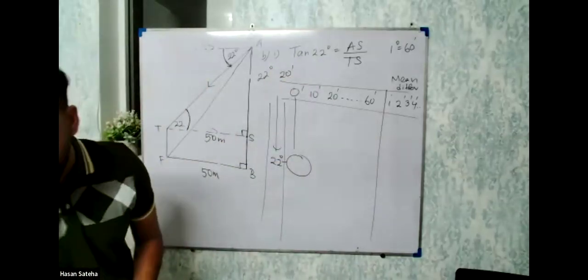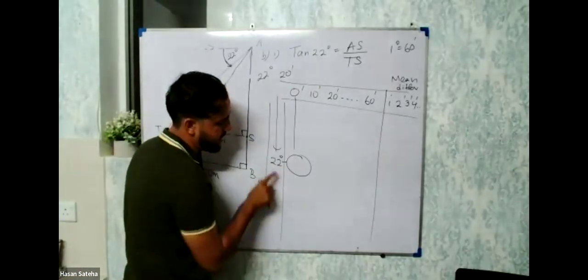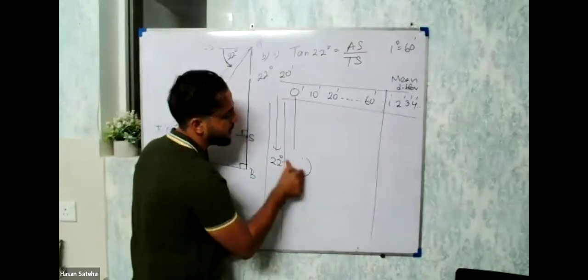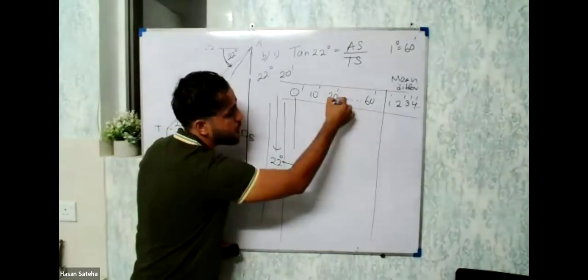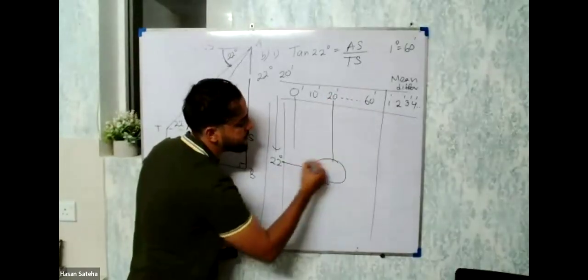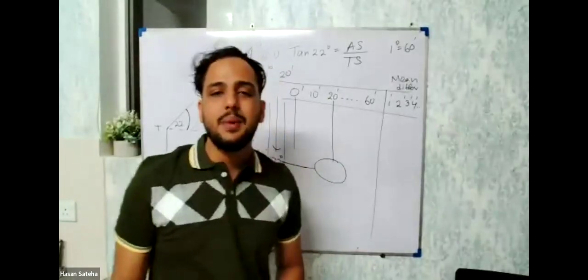Come to 22 degrees on this column, and now you have minutes also. Find the value at 22 degrees, 20 minutes, and that will be equal to tan 22 degrees and 20 minutes.